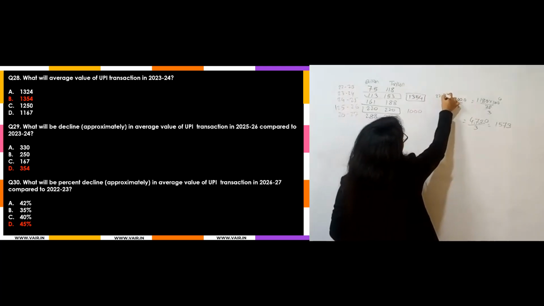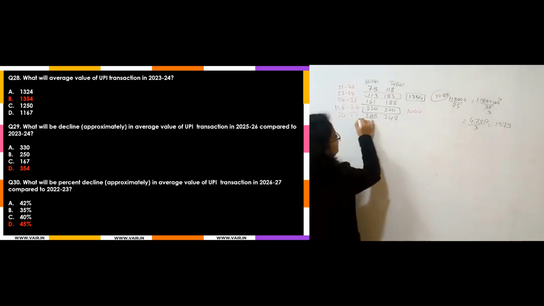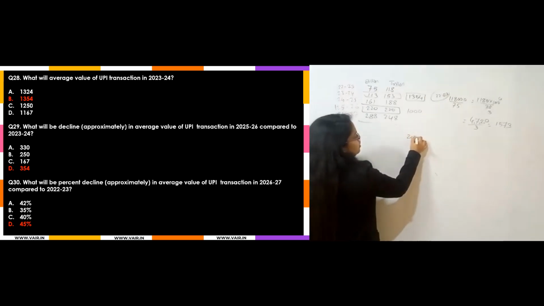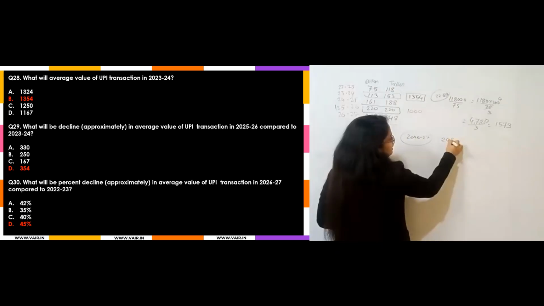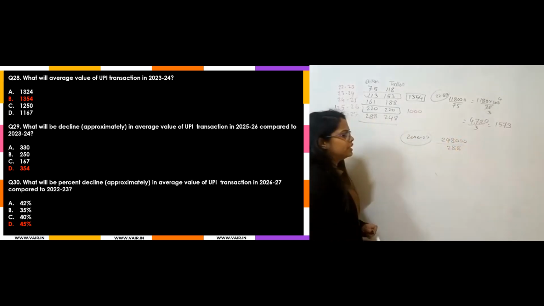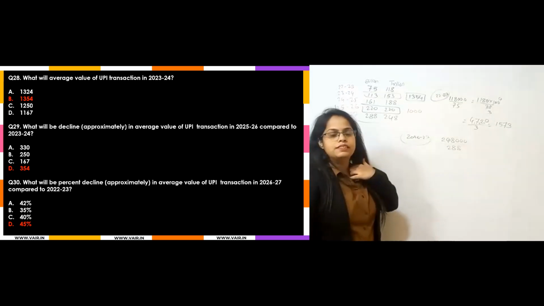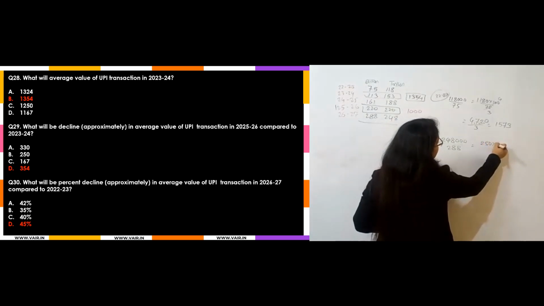That is for 2022-23. Okay. And they are asking you this compared to 2026-27. For 26-27, what is this value? 248 into 1000 divided by 288. Now, can you cancel out this number or can you consider any number? I can consider this 248 as 250 into 1000 divided by 290.